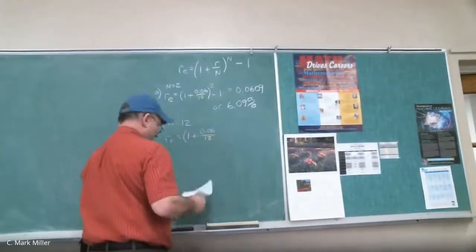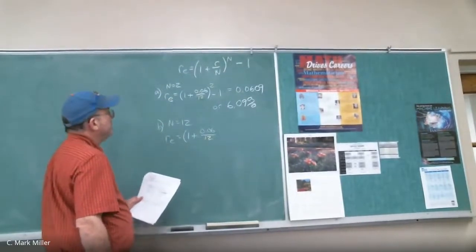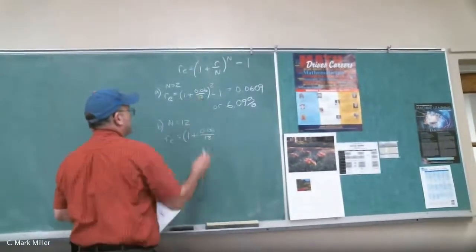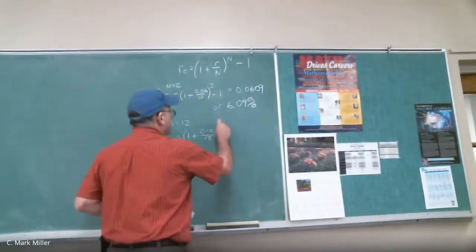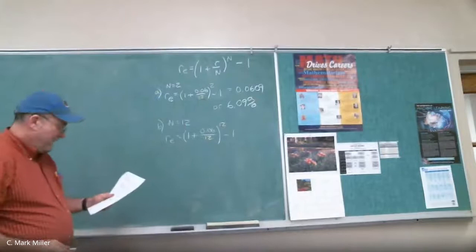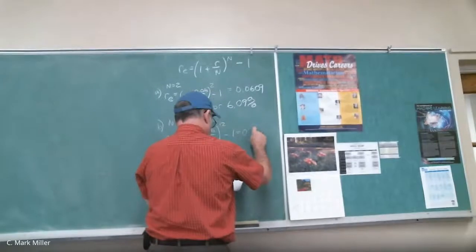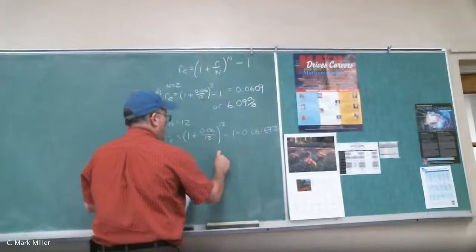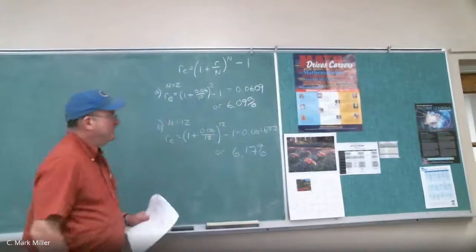How about the first one is 2, no? The A part has to be 2, no? Oh, yeah, that's right. Yeah, there you go. And then this is to the 12th. Okay. Minus 1. And that comes to 0.061677 or 6.17%.